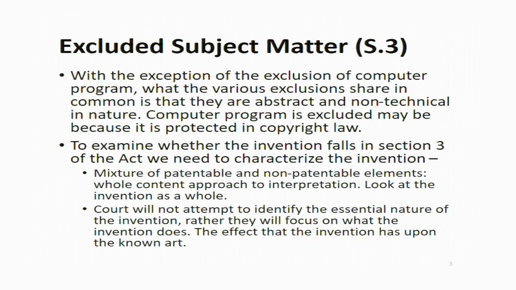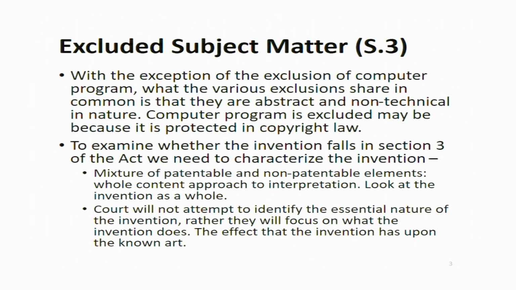Let's talk about excluded subject matter first, section 3. If you go through the list which is there in section 3, it is not difficult to identify that almost all of these exclusions are very obvious exclusions. These exclusions are because these are very abstract inventions.